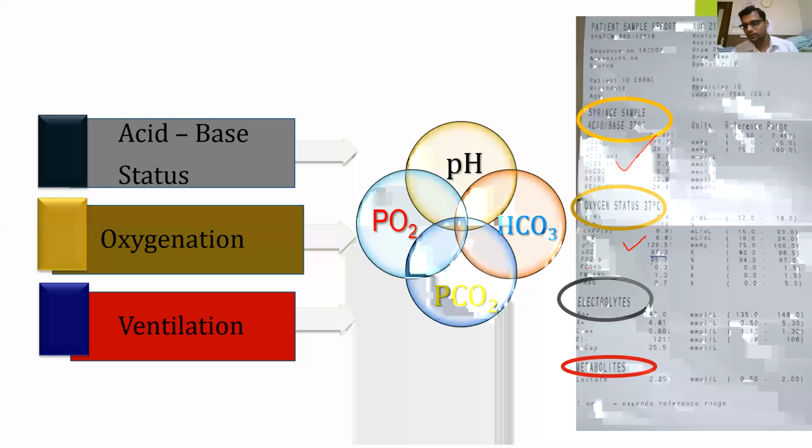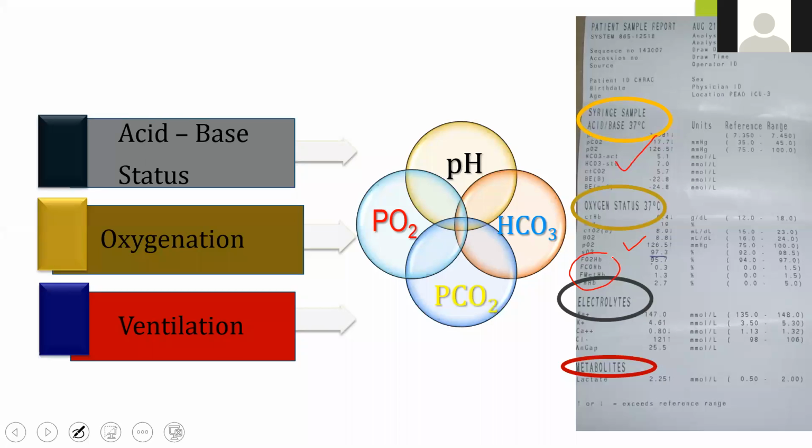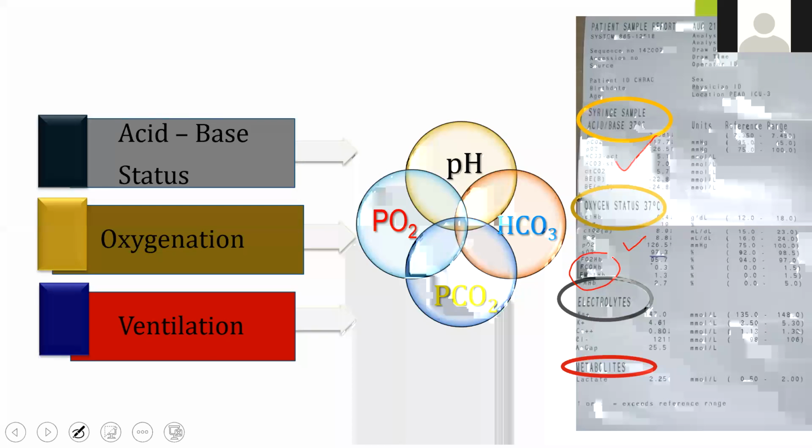They also give information about abnormal hemoglobin types. So to find out any of these, we may do an ABG.